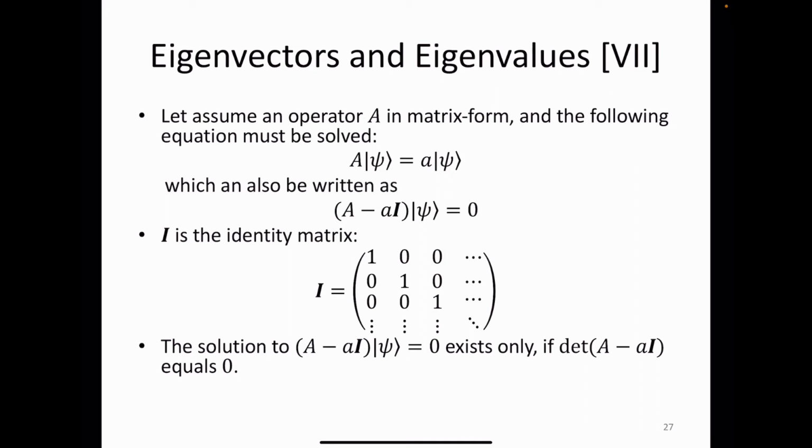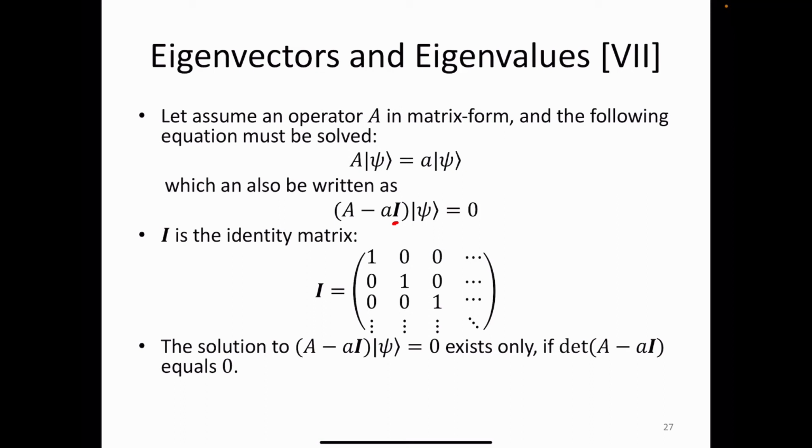We consider this operator A in a matrix form, and we want to solve this very specific equation here, which can also be written as A minus aI, where I denotes the identity, times the vector equals 0. I is the identity matrix, depending on which dimensionality you are in. That of course increases the dimensionality of the identity matrix.